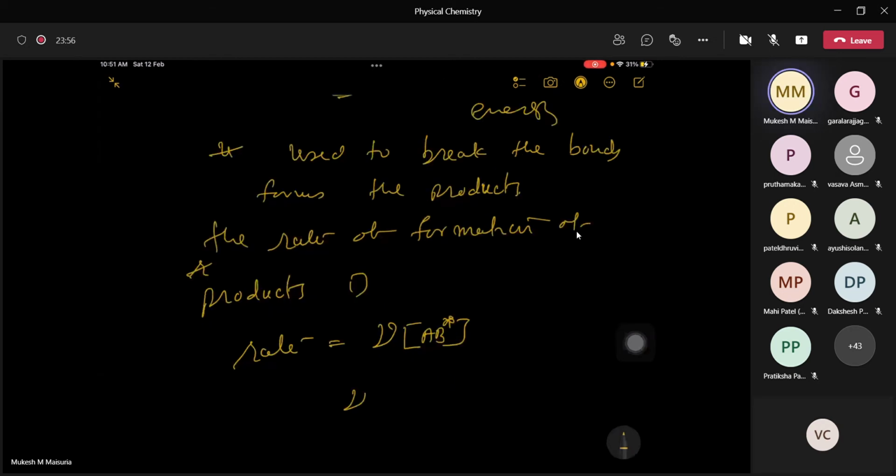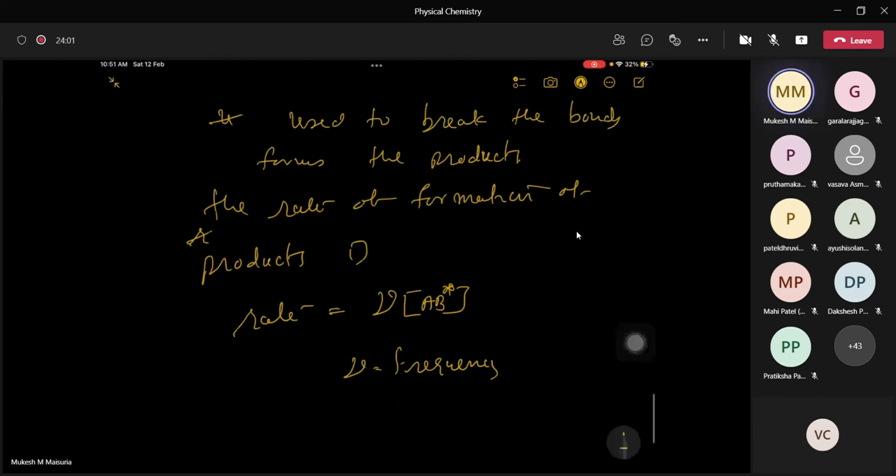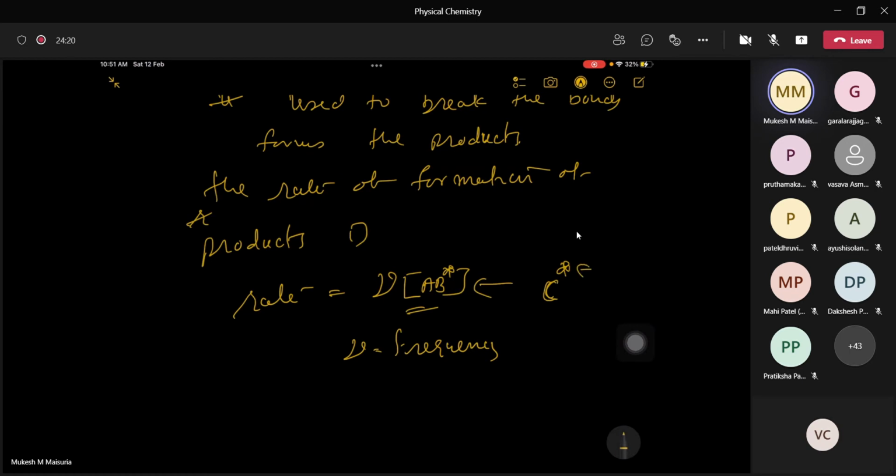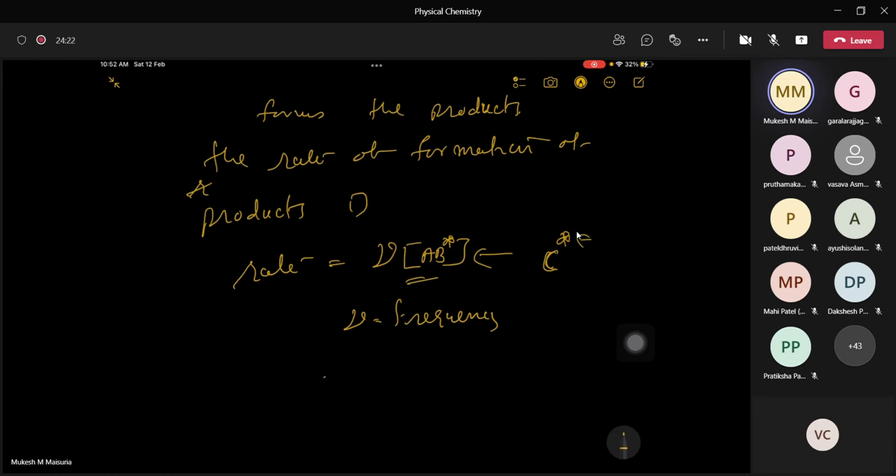Nu is the frequency, and C is the molar concentration, and the star shows that it is the activated complex. So we can write it this way also. Understand?